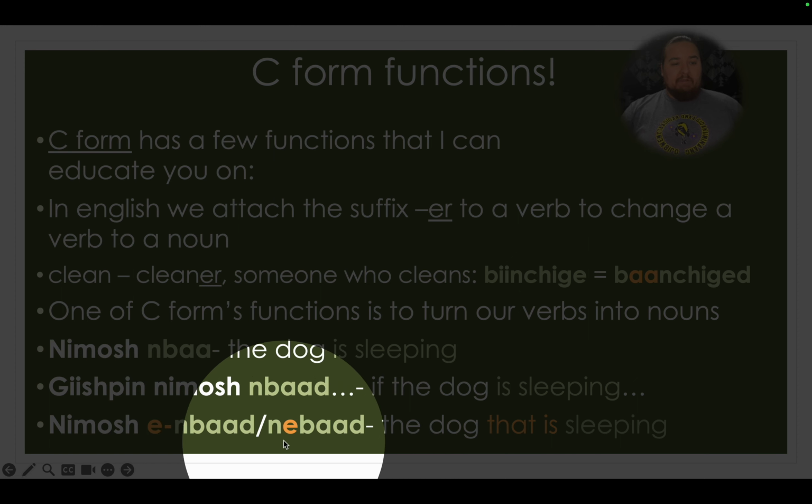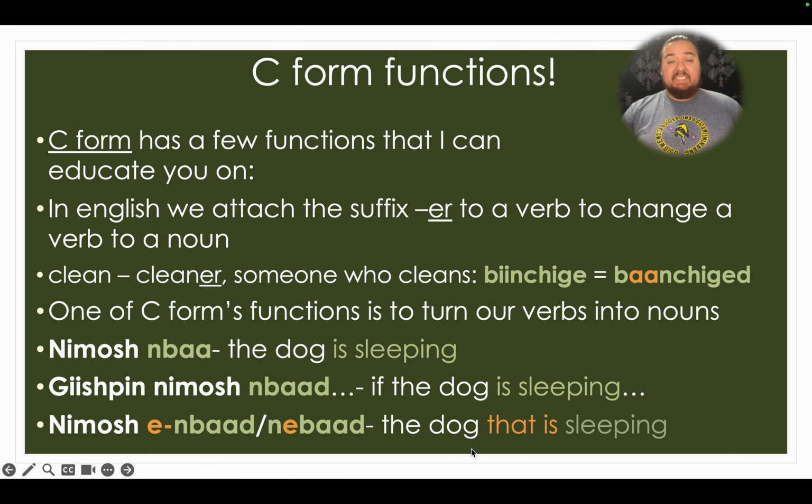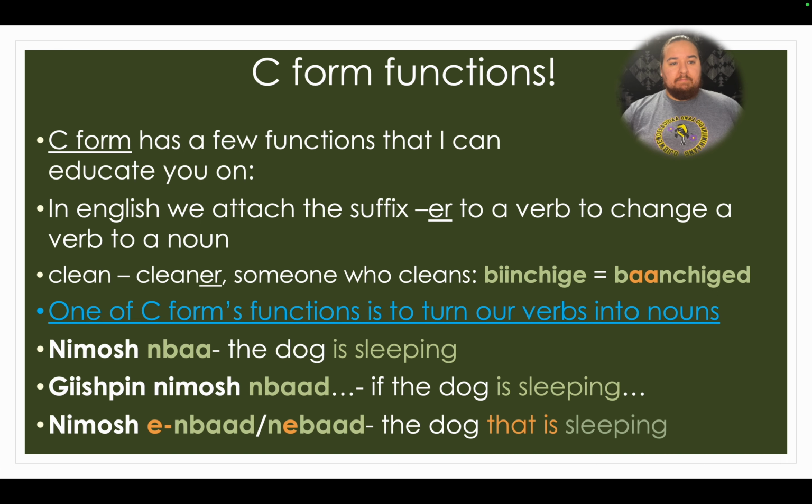So enbad or nebad, the one that's sleeping, in this case, a dog. Here I've indicated the point for you to write down for your notes. Please write this down before moving on. All right, let's move on.